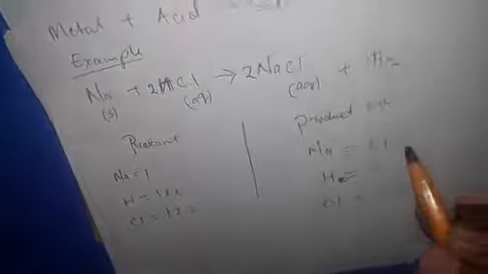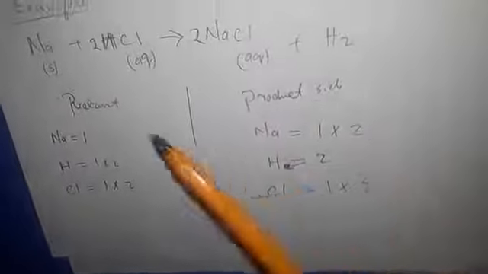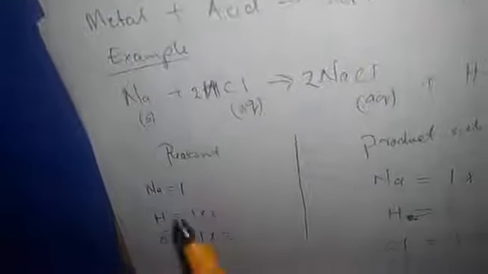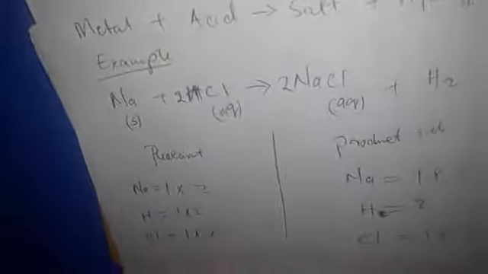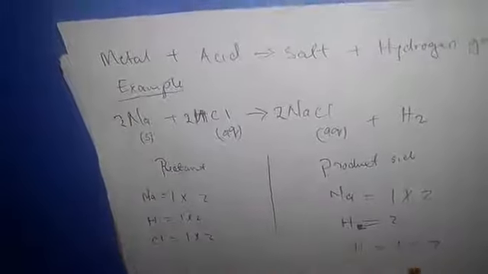On the product side we have 2 sodium, 2 chlorine, 2 hydrogen. When we go back to the reactant, we have 1 sodium. We just multiply by 2. If we multiply by 2 here and put these 2 here, it then means we've balanced our equation.